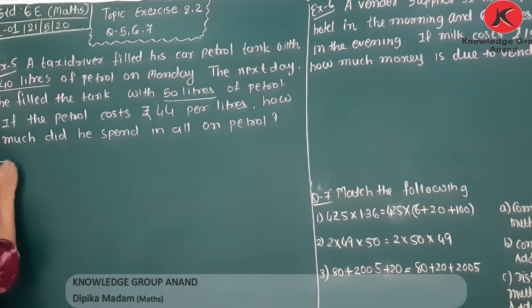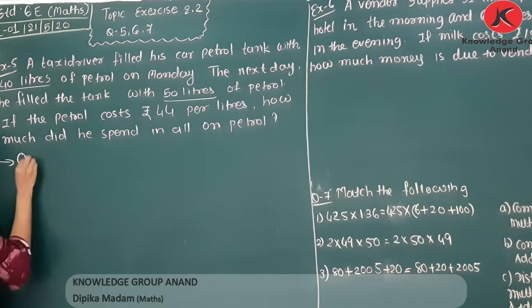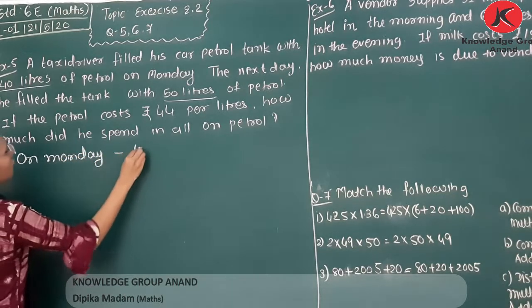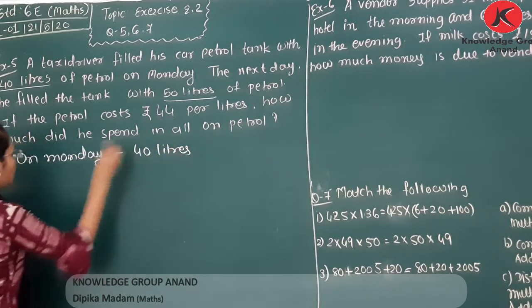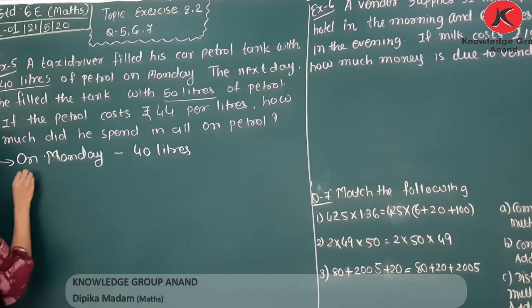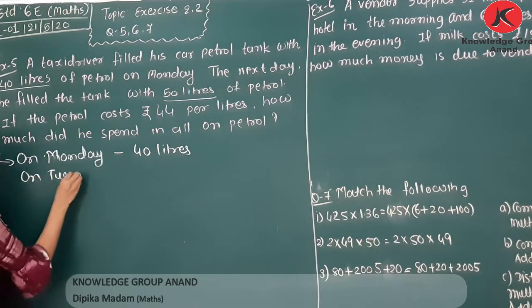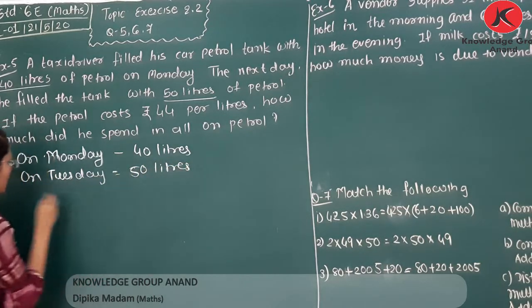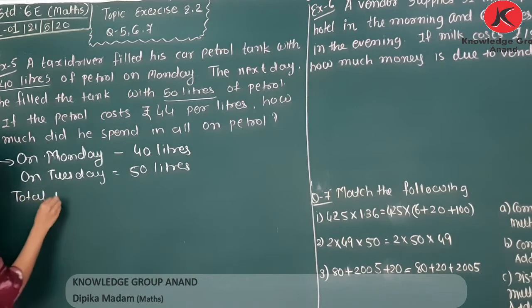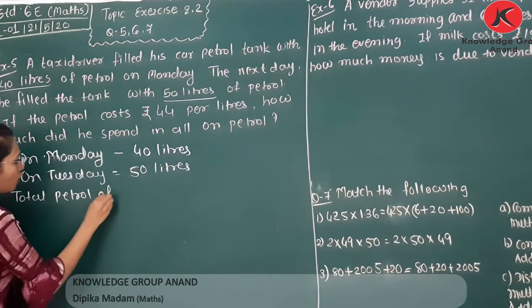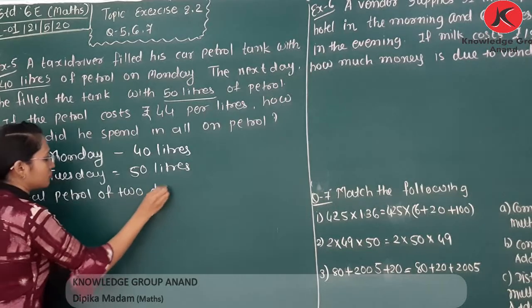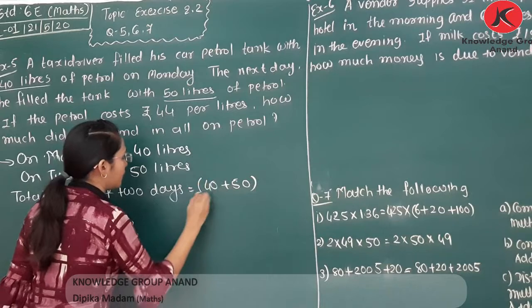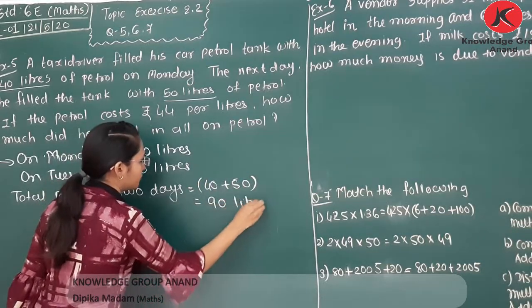First, what we have to find on Monday, 40 liters. On Tuesday, 50 liters. So total petrol of 2 days, 40 plus 50 is 90 liters.